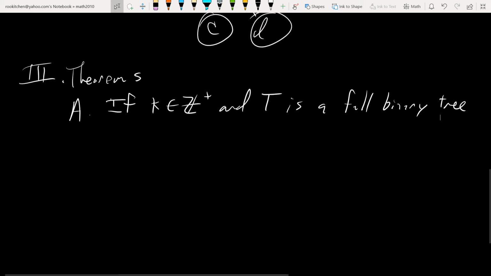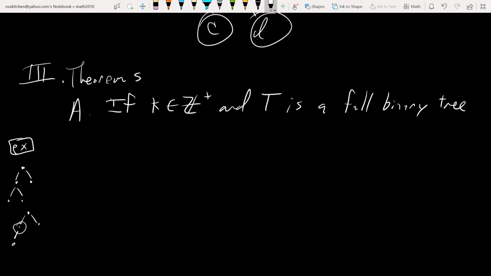Okay, so an example of a full binary versus just your regular binary tree. This thing is a full binary, as opposed to something like this, where you just have 1 child coming from this vertex. So that's what they mean by full binary.